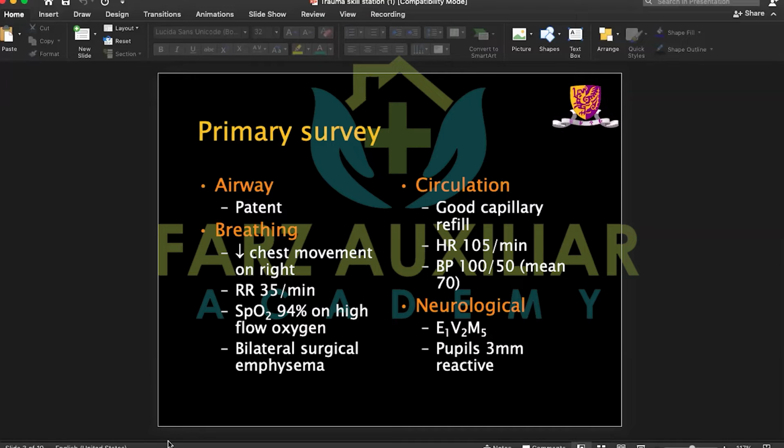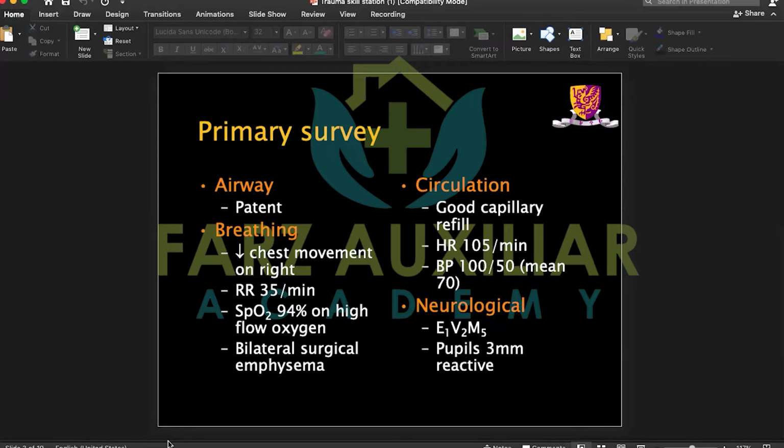The circulation assessment shows a good capillary refill time. The heart rate is 105 per minute, suggestive of tachycardia. The blood pressure is okay, a little on the lower side, with a normal mean arterial pressure and good capillary refill. That's suggestive of good perfusion. So we are not immediately rushing to give a lot of fluids.